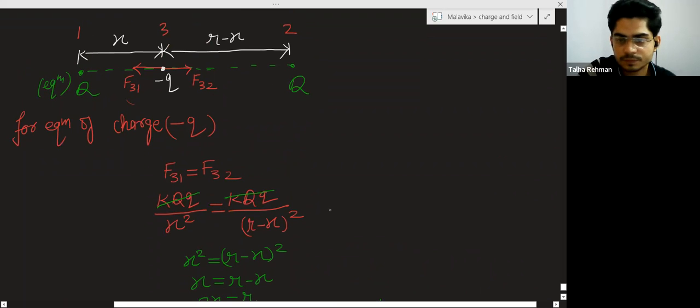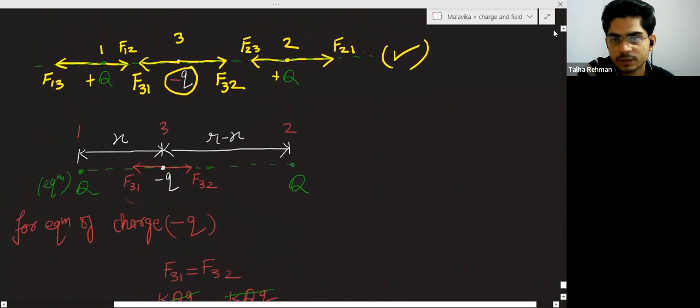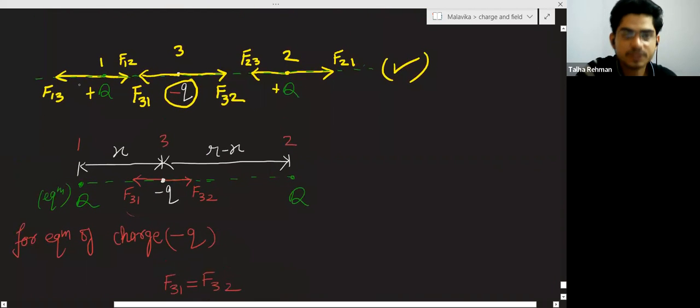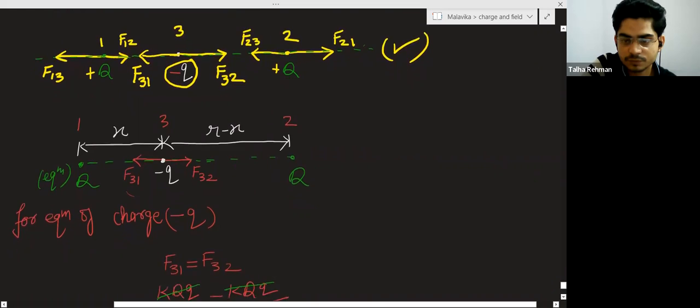So let's see. This charge is in equilibrium means F13 is equal to F12.